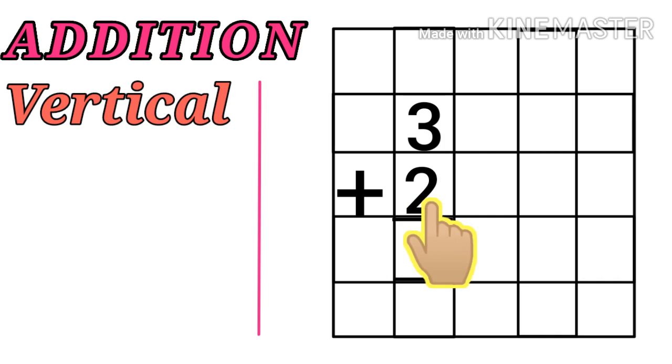Then after 2, we will draw 2 sleeping lines. One is at the top of the box and other is at the bottom of the box. Then we will put the sign of addition, plus sign.